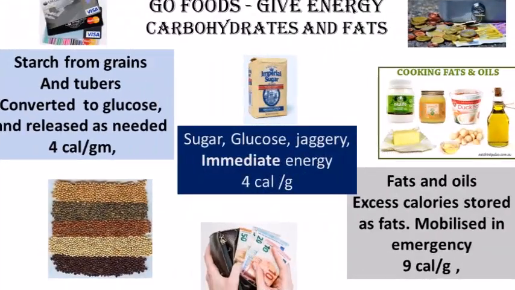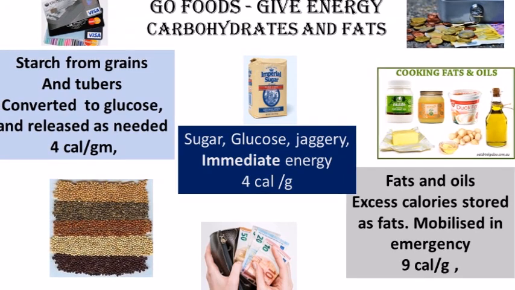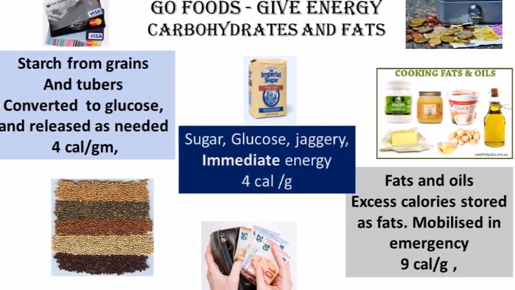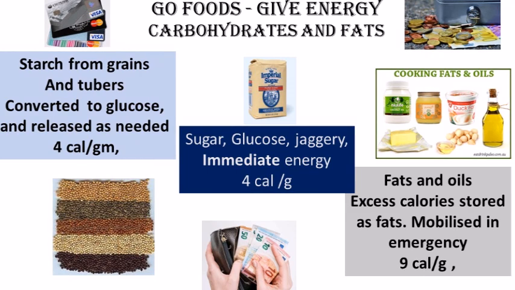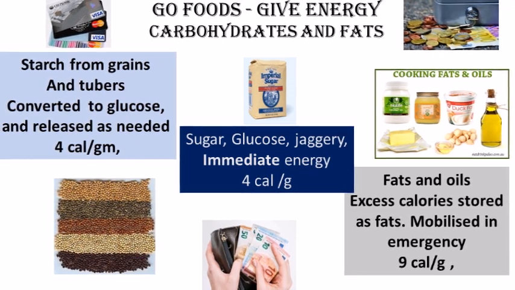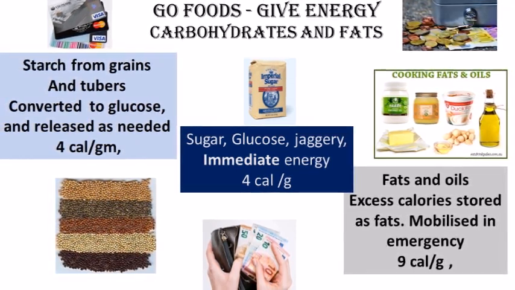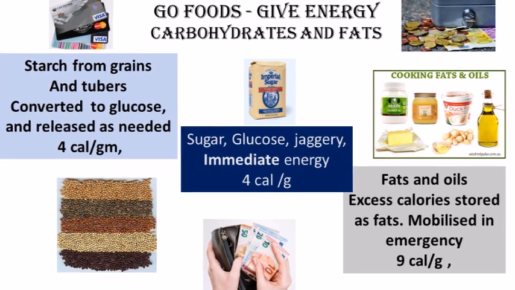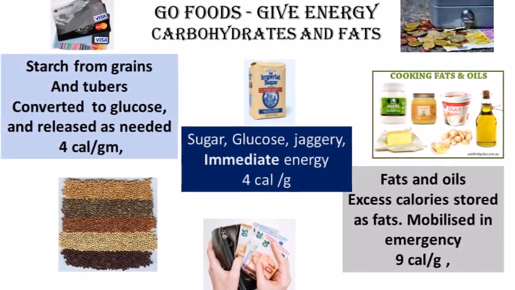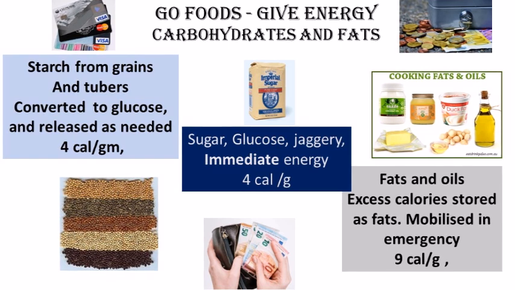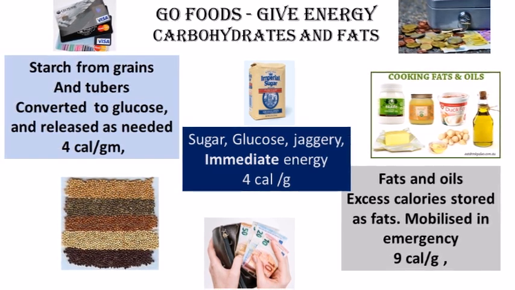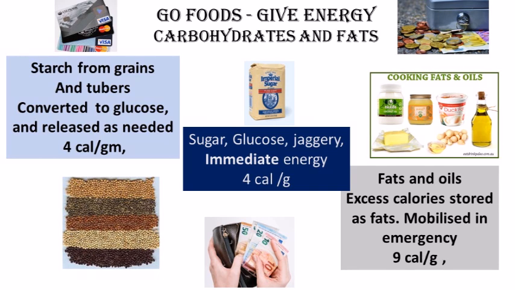Our natural foods can be grouped based on their major nutritional role. For example, Go foods which give energy that include carbohydrates and fats. All carbohydrates give 4 calories per gram. Sugars, glucose, honey, etc. can give you quick energy, just like rapid cash.